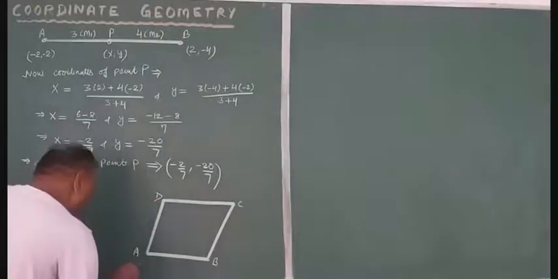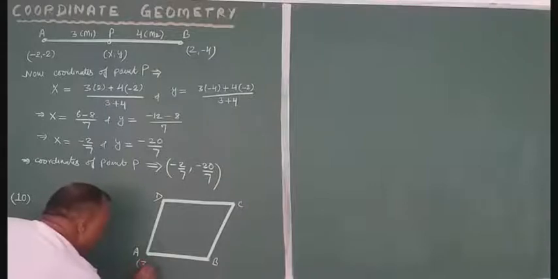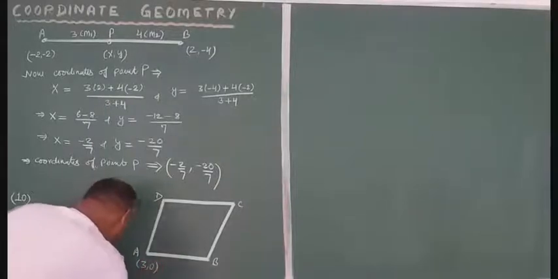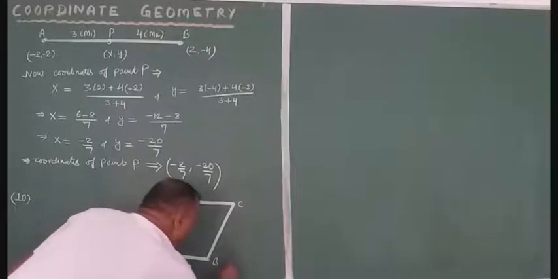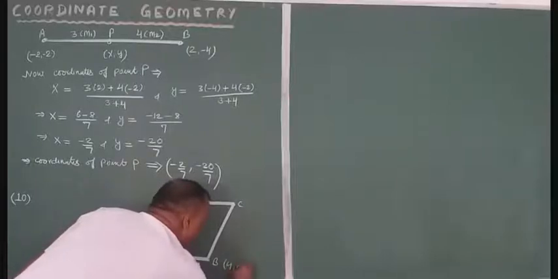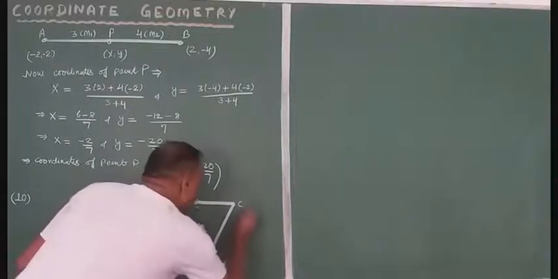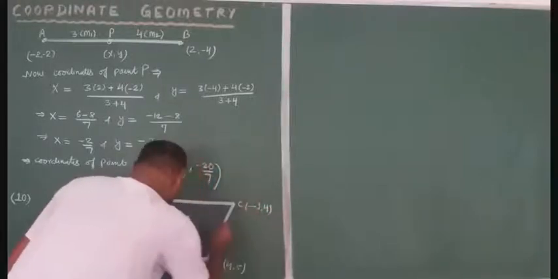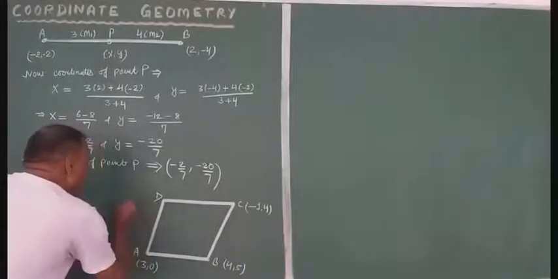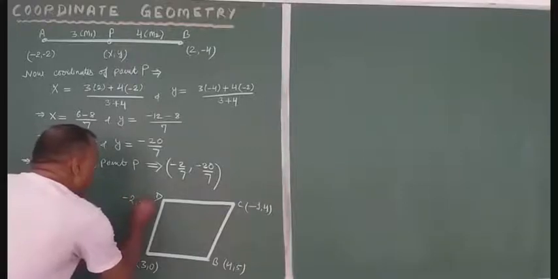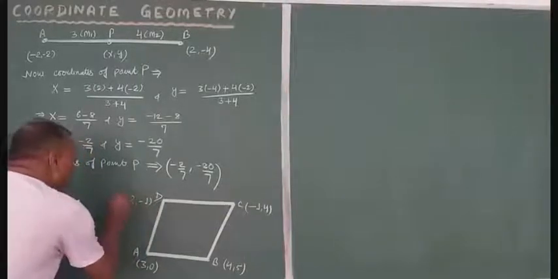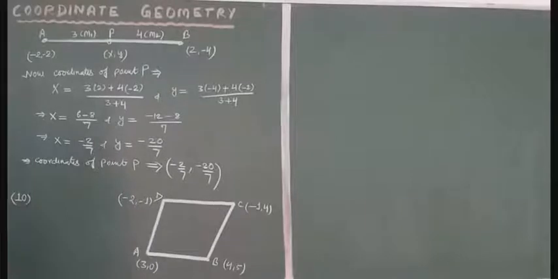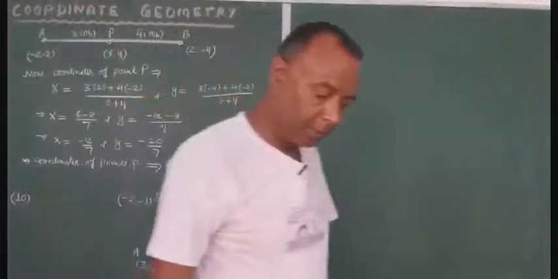So vertices are 3 comma 0, 4 comma 5, minus 1 comma 4 and minus 2 comma minus 1. This is the given rhombus, and we have to find the area of this.